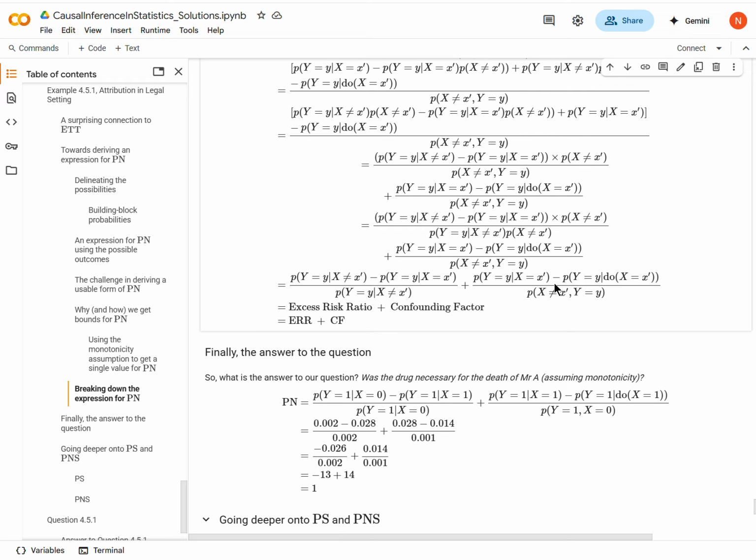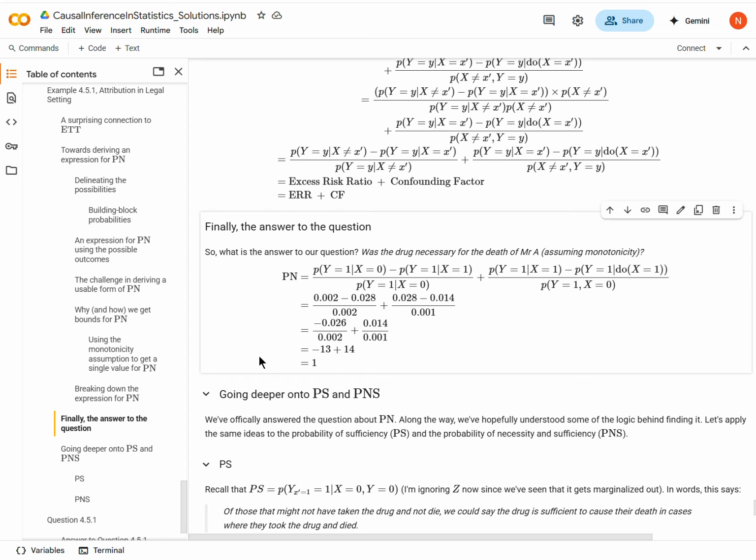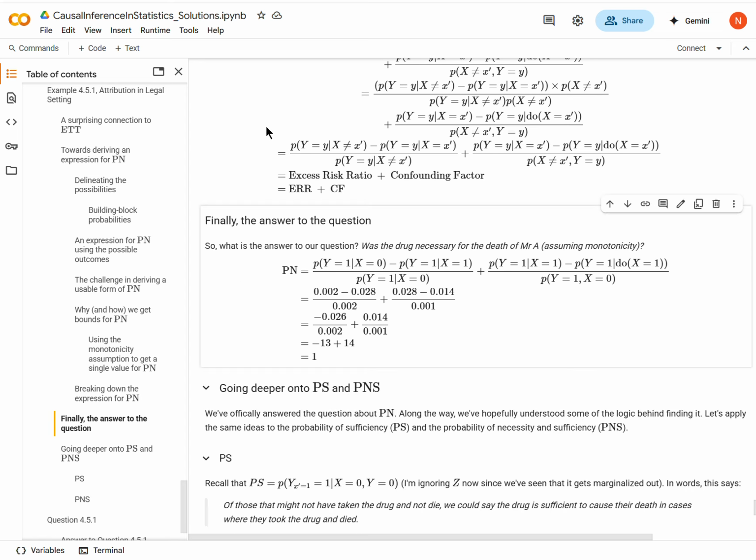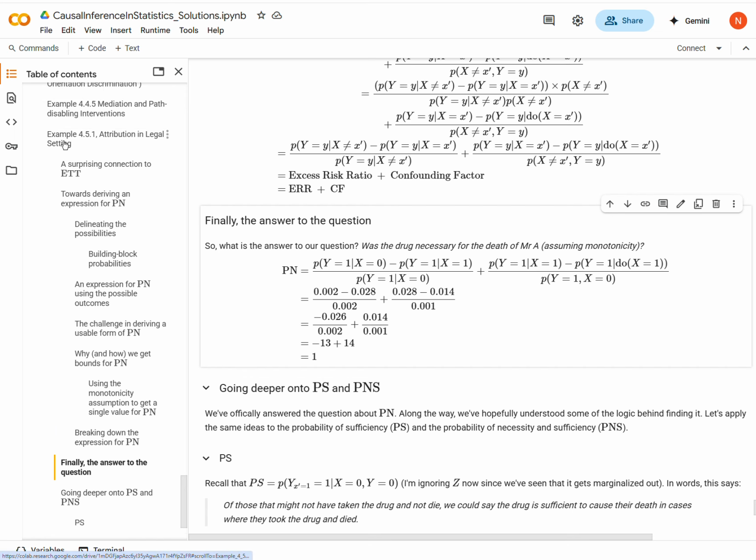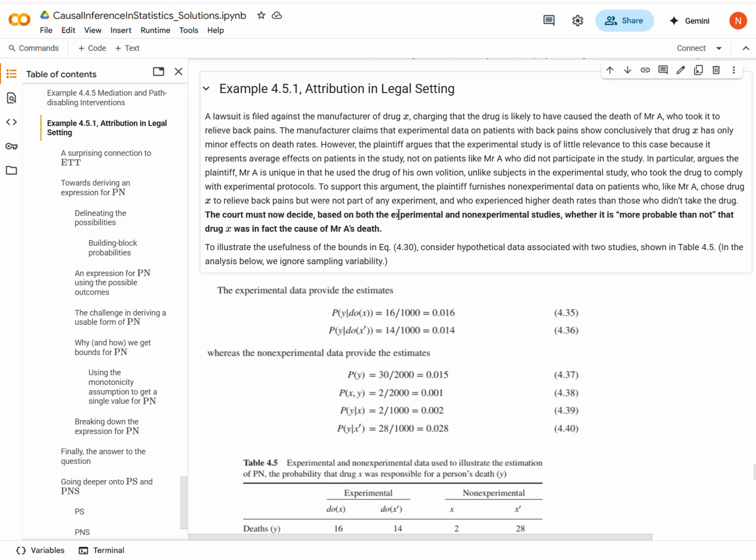Okay, but finally we can go all the way back and try to answer the question that was first posed in the example. Namely, we need to decide from experimental and non-experimental studies whether it is more probable than not that drug X in fact caused Mr. A's death.